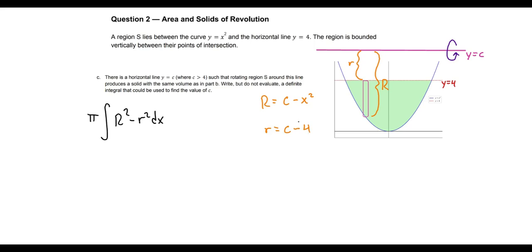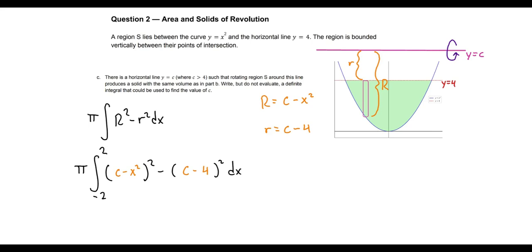So these are going to be plugged into our formula over here. So we've got pi, and then big R squared minus little r squared. Big R is c minus x squared, and little r is c minus 4. Our limits of integration are to go from negative 2 to 2 here.